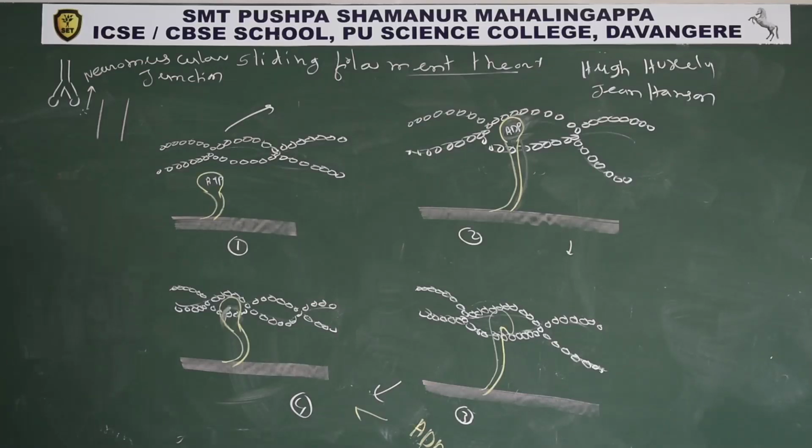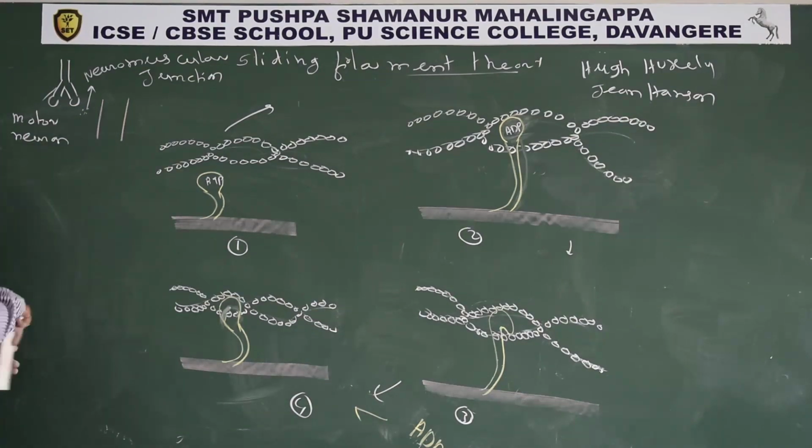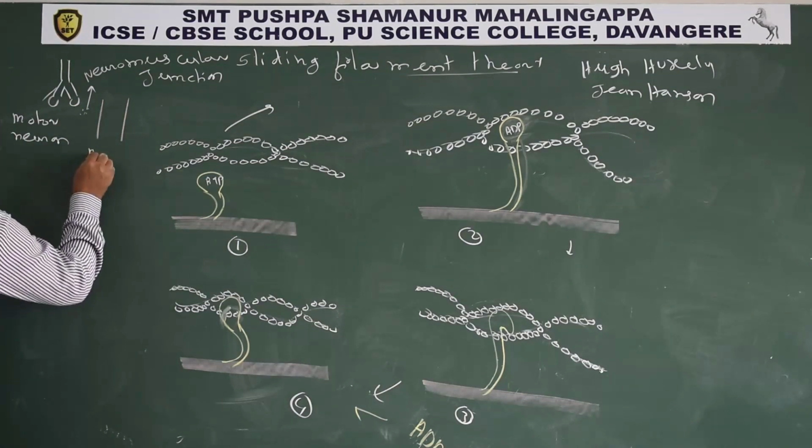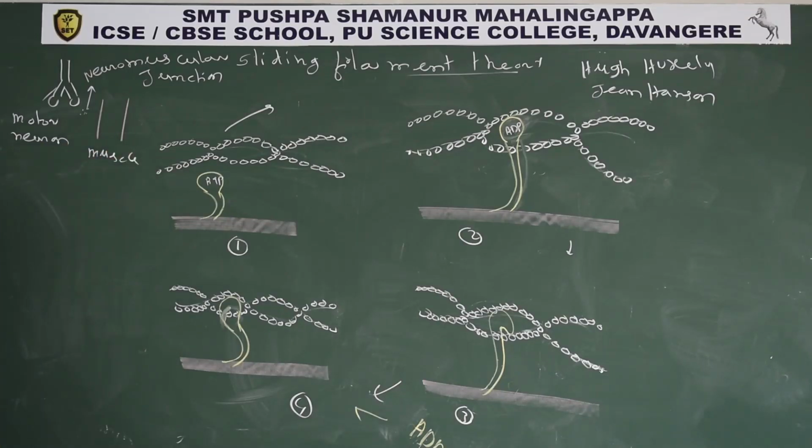First is muscle excitation. The central nervous system via motor nerve releases the message between motor neuron and the muscle. The empty place present between motor neuron and muscle is known as neuromuscular junction or motor end plate.